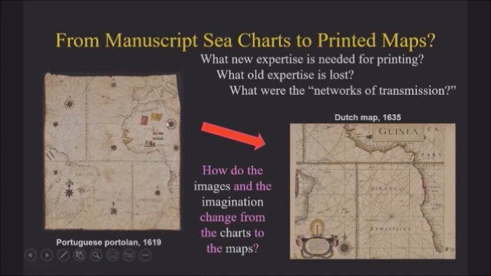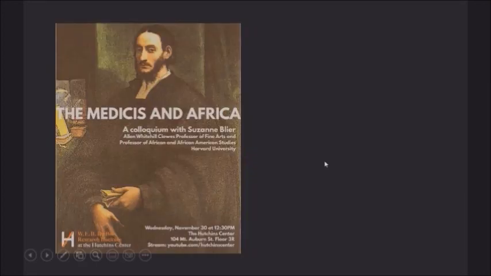How did that information, what was the network of transmission of that information to the Dutch by 1635 in 16 years flat? Basically, a whole lot was going on that we don't know much about.